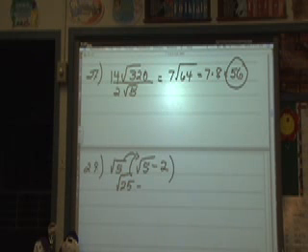And then negative 2 times radical 5 is negative 2 radical 5. Can't go across that square root sign. Any simplifying from there? The square root of 25 is 5. Minus 2 radical 5.